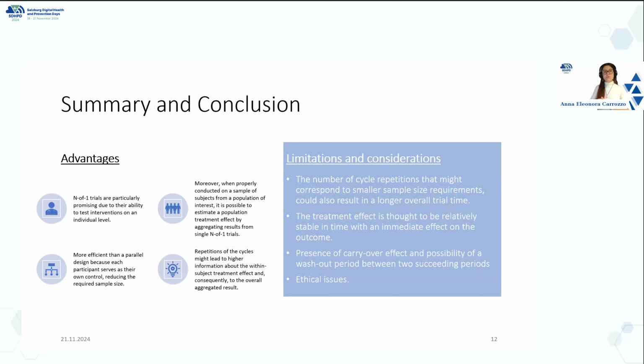But we have to consider also that this study design presents some limitations, because this number of cycle repetitions that might correspond to smaller sample size requirements could also result in a longer overall trial time. In our example, we had a fixed time, so it was not the case, but it is not always possible. And so it is important to keep it in mind.